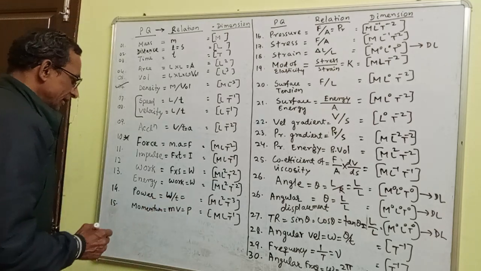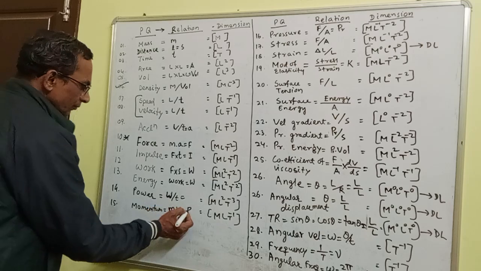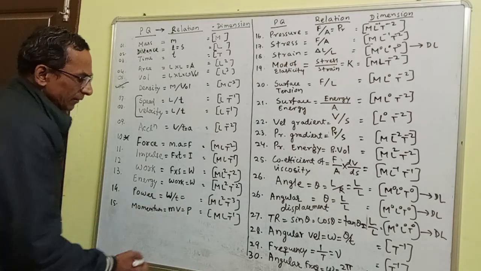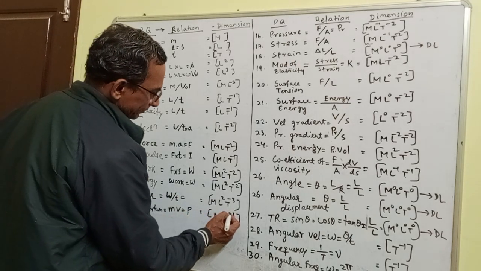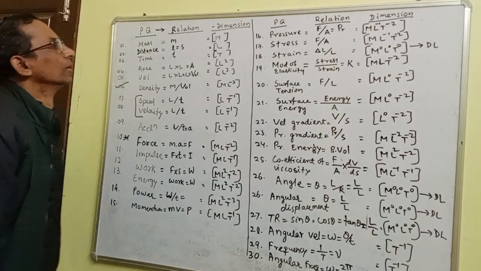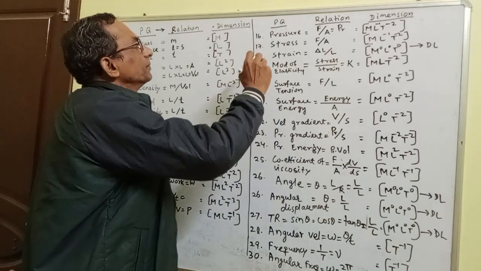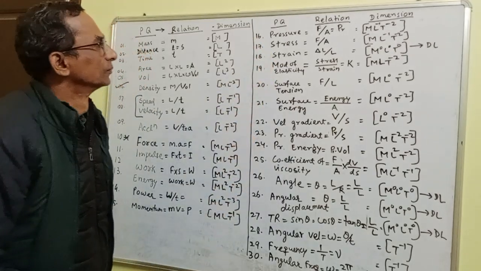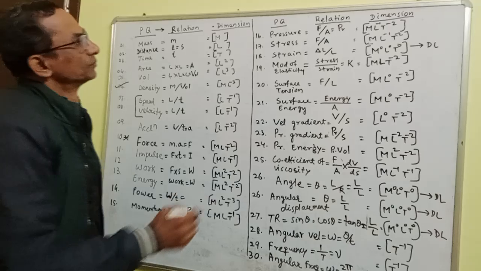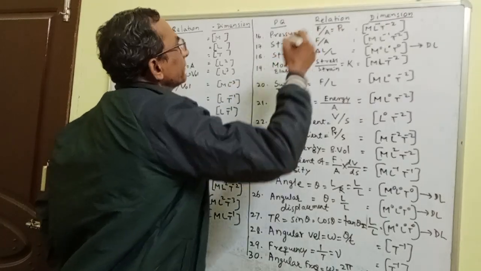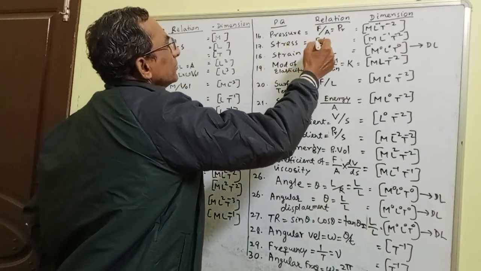Momentum P is mv, MLT minus 1. Okay. The next physical quantity is pressure, force per area, stress.